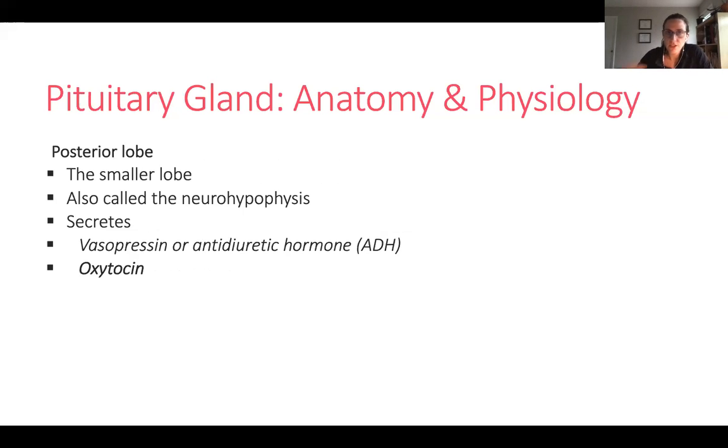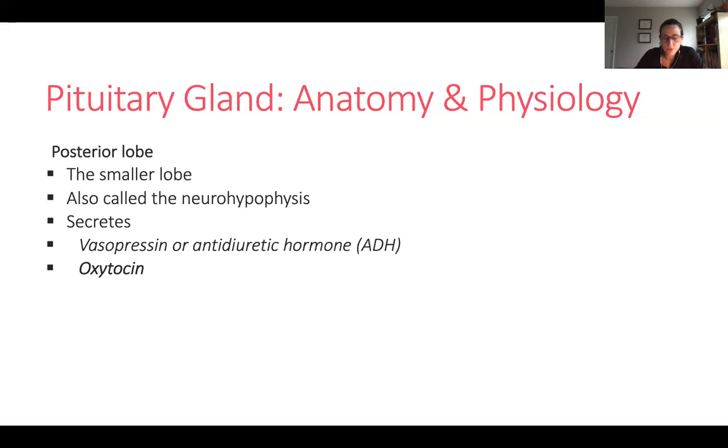And then the posterior lobe of the pituitary gland, which is the smaller one, it secretes vasopressin, so ADH, and oxytocin. The ADH works to reabsorb water in the body from the renal tubules of the kidneys, and then it decreases urine secretion.